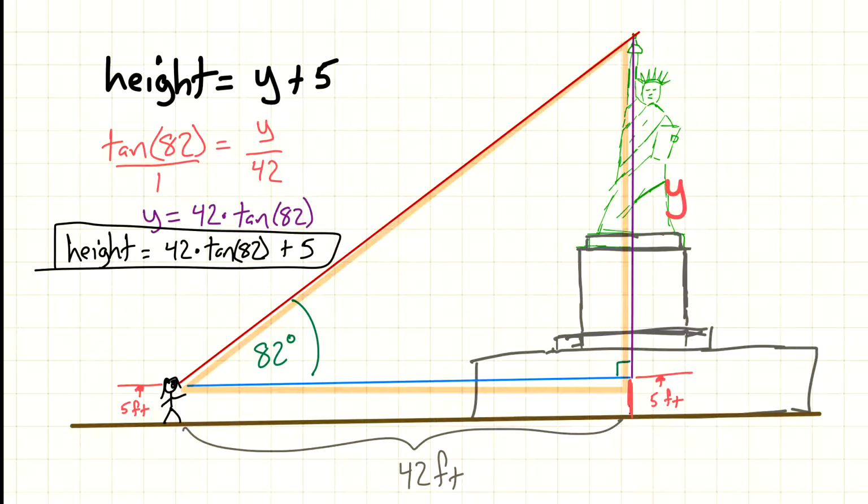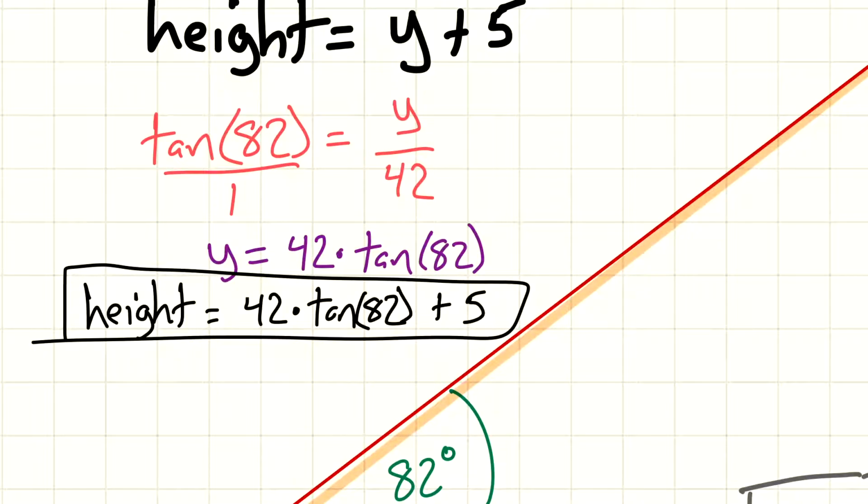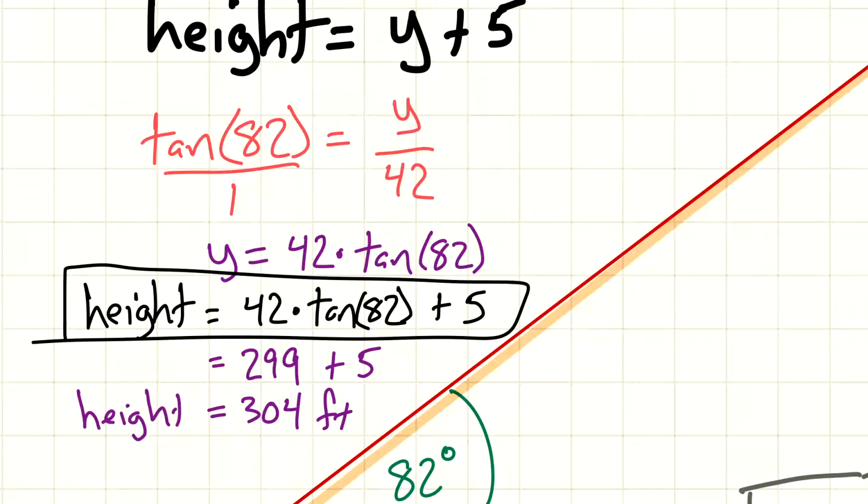You could probably type it in exactly how it is. And so that would give us, let me zoom into this. This portion is about 299 plus the other 5, which is going to give us 304 feet. All right, so our height is 304 feet.